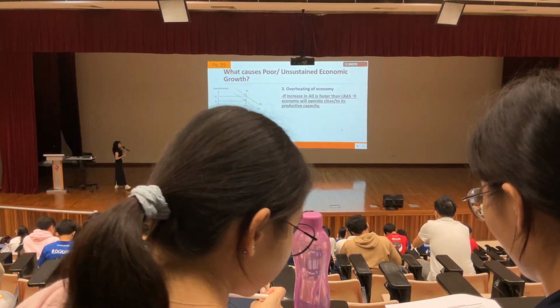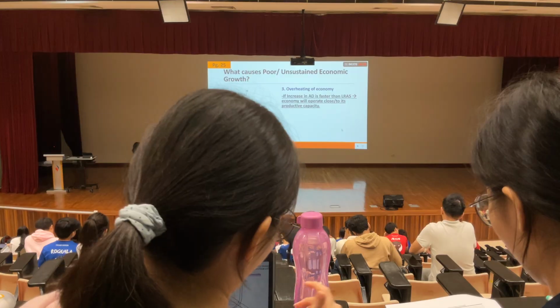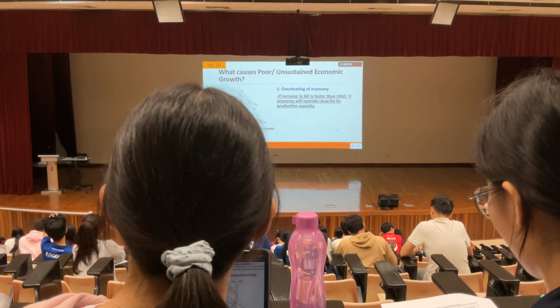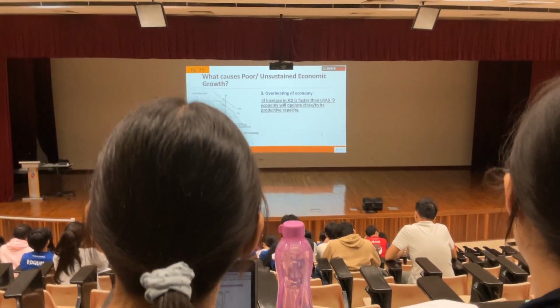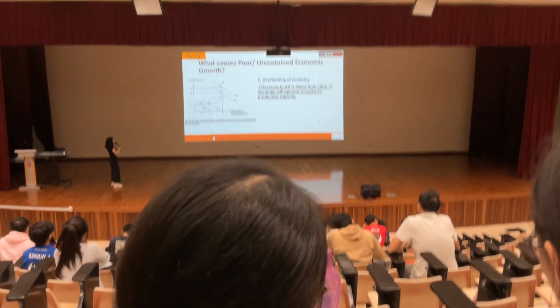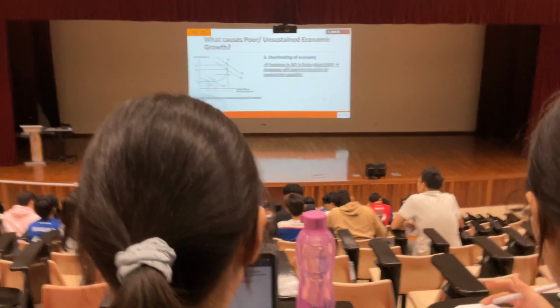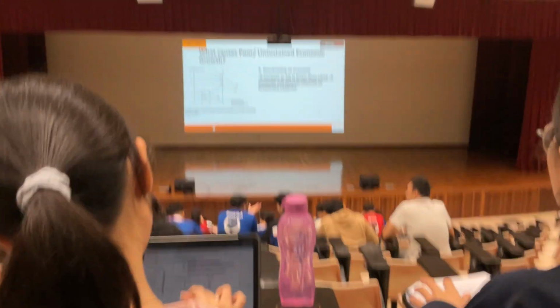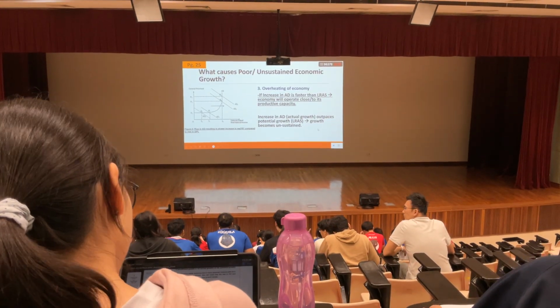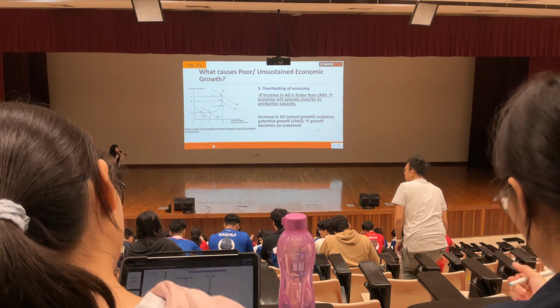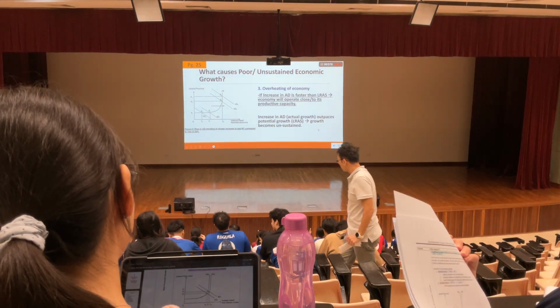If your economic growth is driven by an increase in AD without the increase in your vertical range of AS, which is your LRAS, this will result in your growth becoming unsustained. So what do I mean by that?